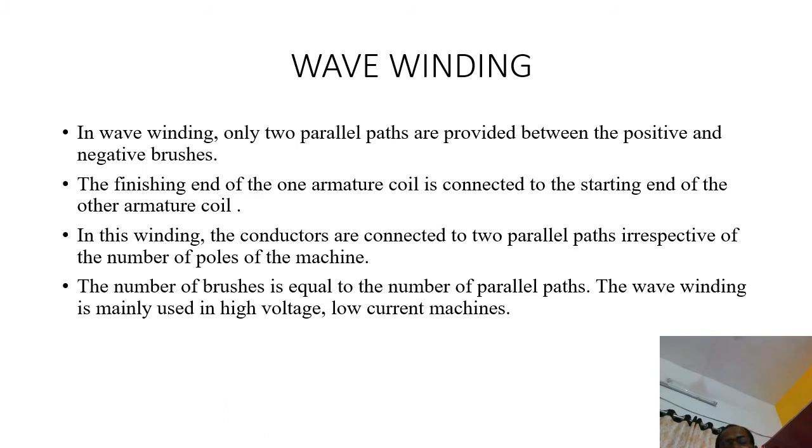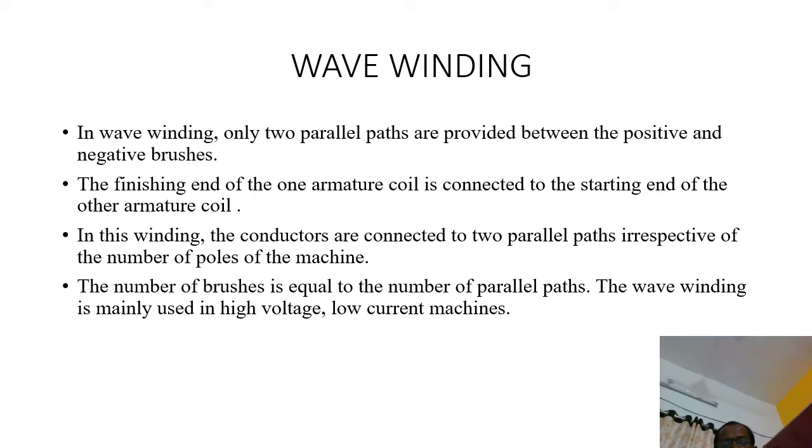Wave winding. Here the wave winding looks like a wave. In a wave winding, only two parallel paths are provided between the positive and negative brushes. The finishing end of one armature coil is connected to the starting end of the other armature coil.